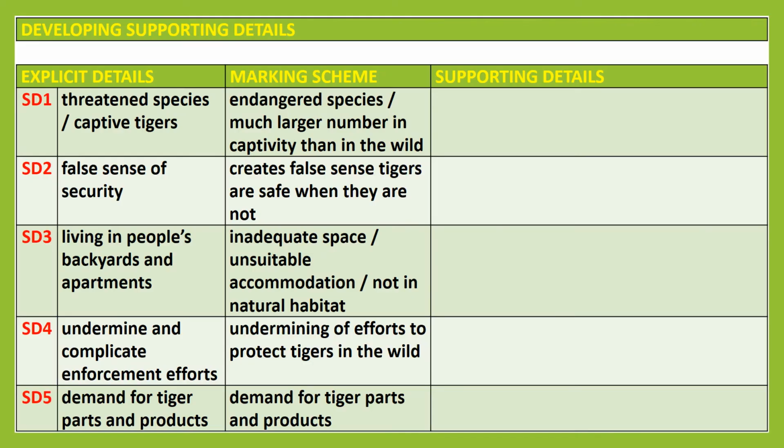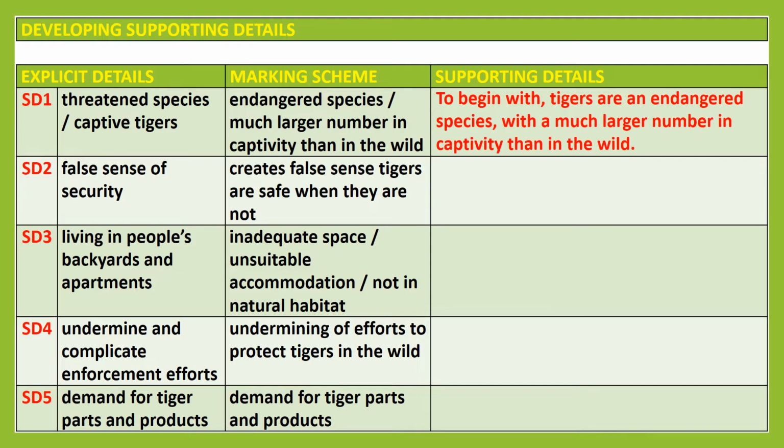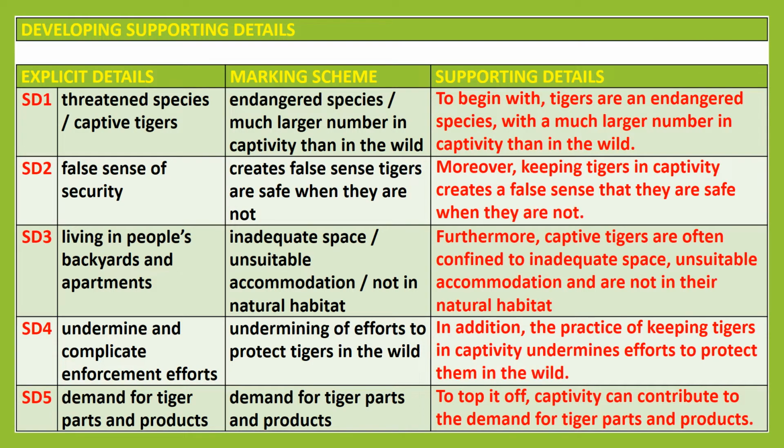To develop supporting details effectively, adhere to these steps. Start by examining the explicit ideas from the text and the marking criteria to create your initial supporting sentence. Maintain a logical flow between supporting details using suitable transitions or adverbials.